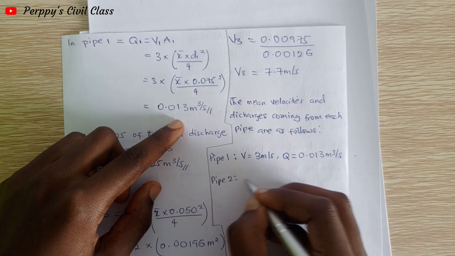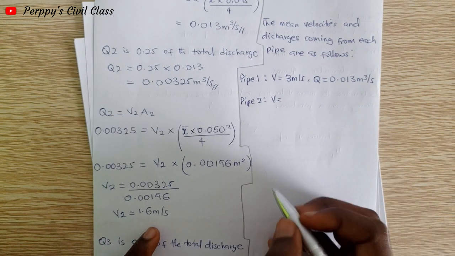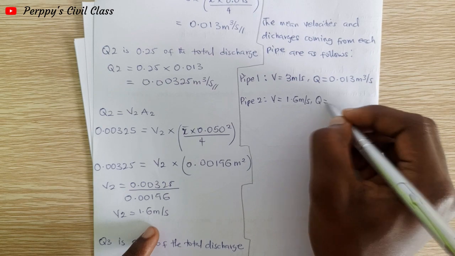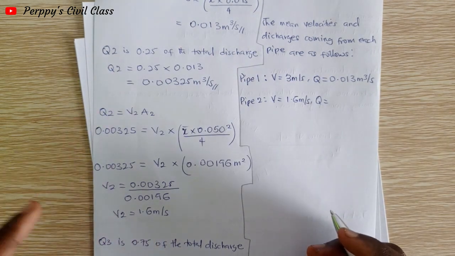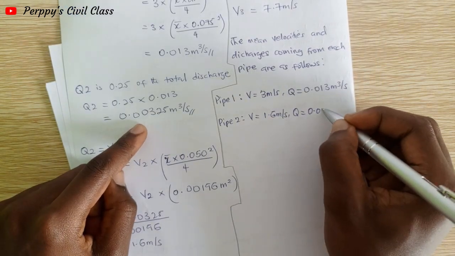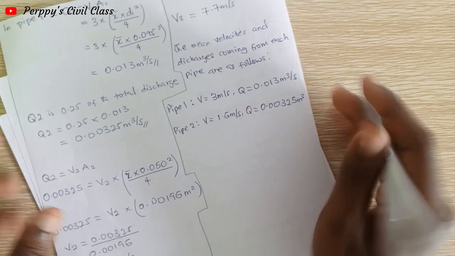Pipe 2: velocity of 1.6 meters per second and discharge of 0.00325 meter cube per second.